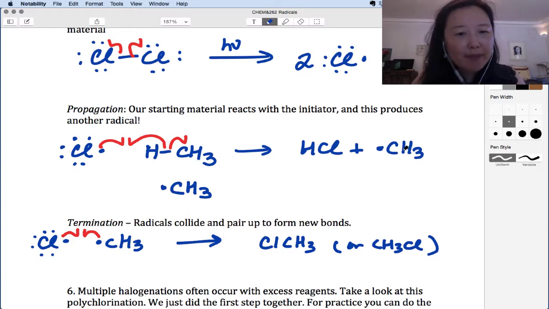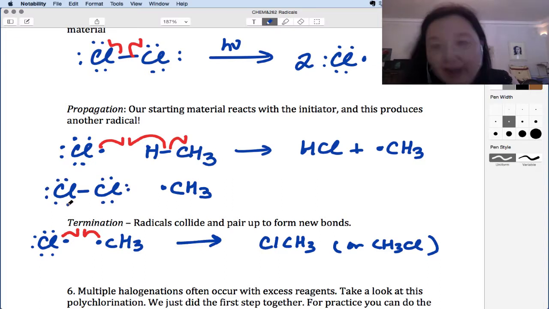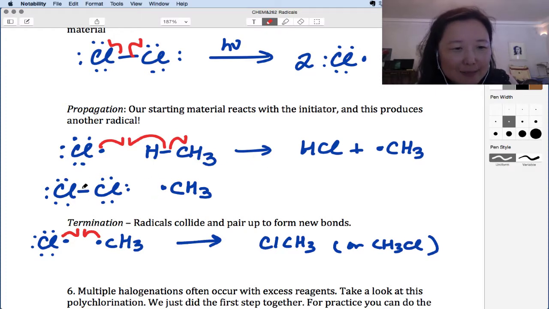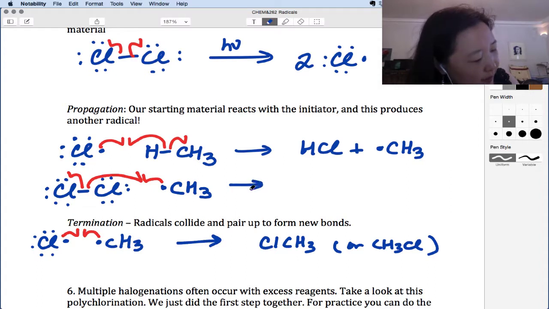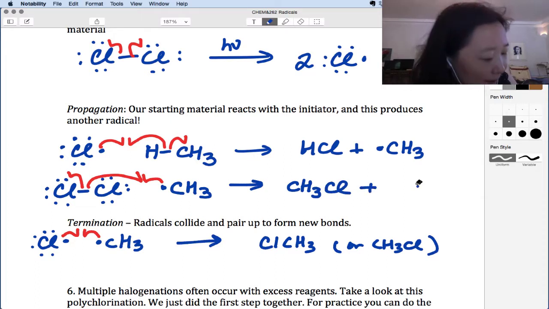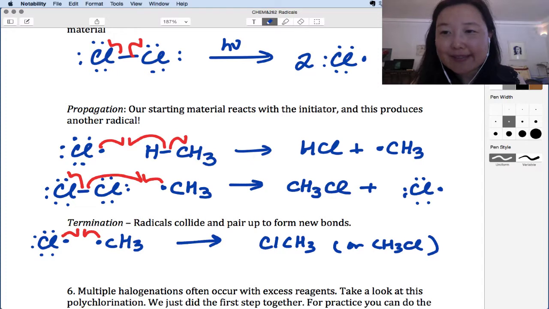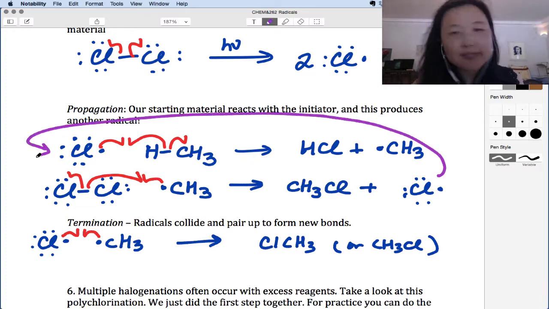Then once we have methyl radical, that can actually behave in the reverse sense and cause the Cl2 to become radicals as well. Let's take a look at that. Methyl radical causes this bond to break, and the reaction goes toward product, which is CH3Cl, but we also see a chlorine radical. You can see how this is a chain reaction, because now I've produced something that will start this all over again. So it'll just keep going.